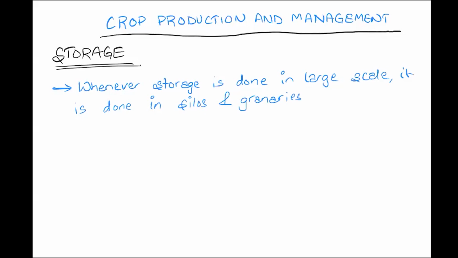So basically, what are silos and what are granaries? I'll tell that to you. So silos are very big cylindrical structures. They are of the size of buildings. Okay. So these are cylindrical structures in which the grains or the seeds or the product that we have from farming are stored.